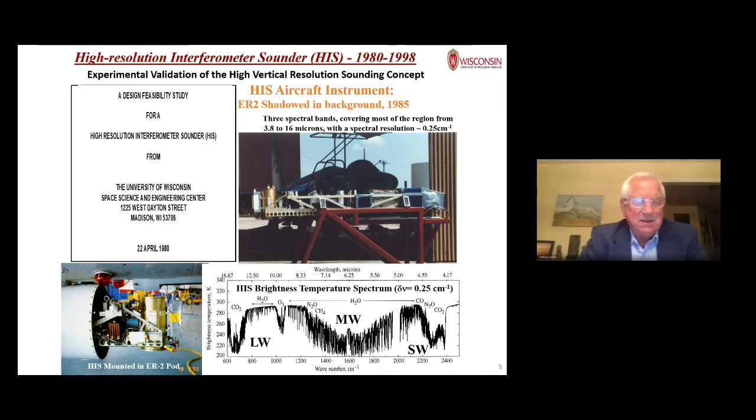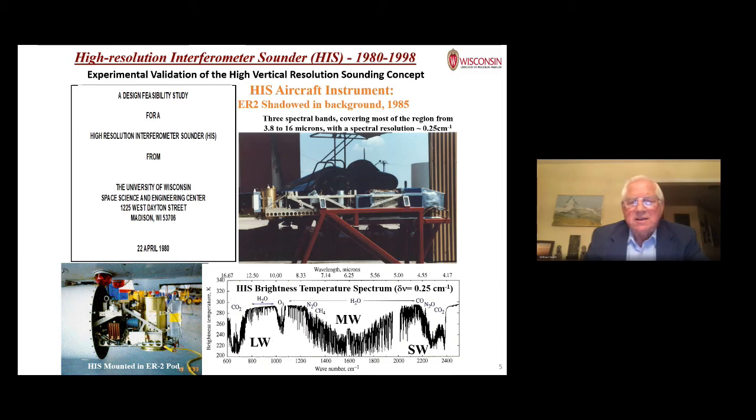So NASA and NOAA jointly provided money for us at Wisconsin now to build an instrument which we called the High Resolution Interferometer Sounder, or HIS. And we built this instrument in the early 1980s, and this is the instrument here.